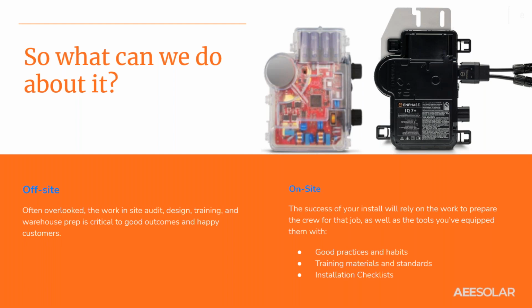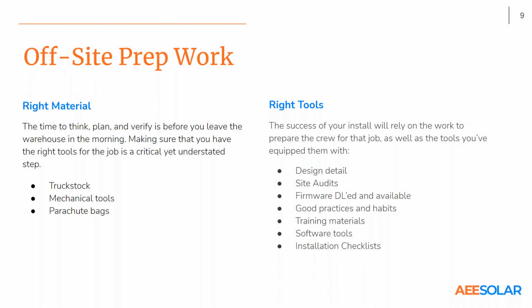It's not a lot of fun to talk about training documents and prep work, but it's critical in my opinion to good outcomes. And then we'll talk through some more practical things on site, good practices and habits to get into, installation checklists. We always recommend those. And then in terms of actually commissioning an inverter system, what are some things that will help speed that process and make sure that that goes as smoothly as possible. So we will jump right in.